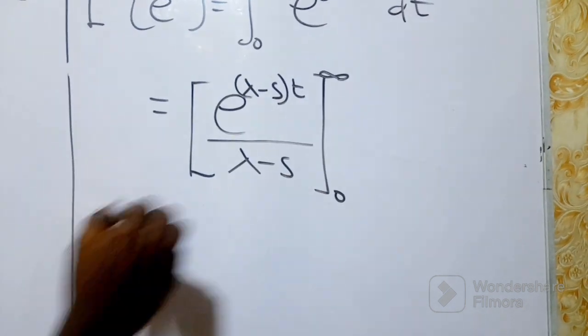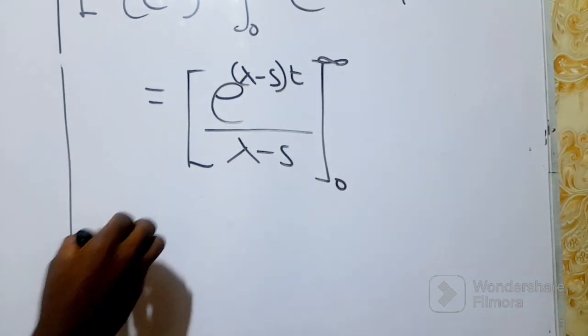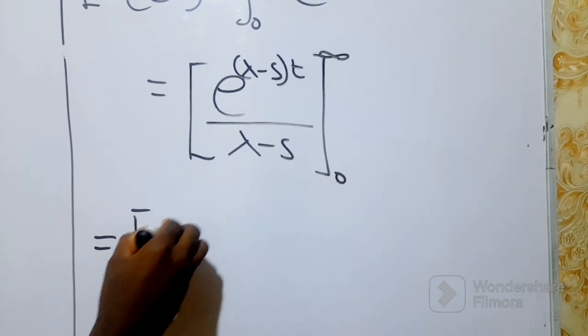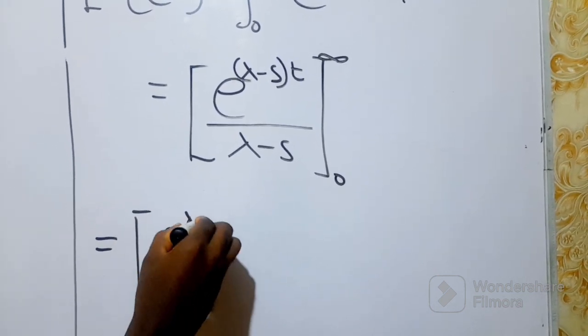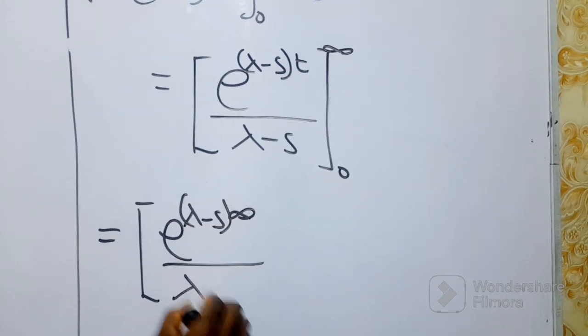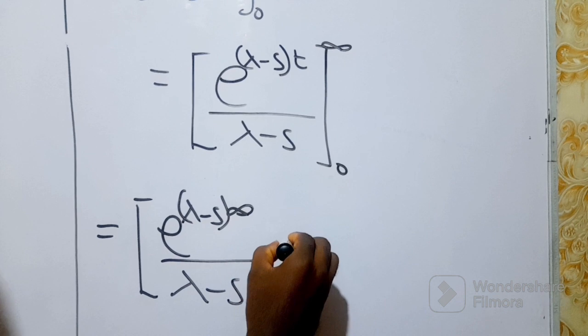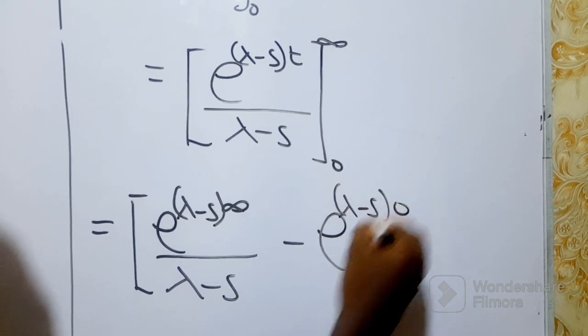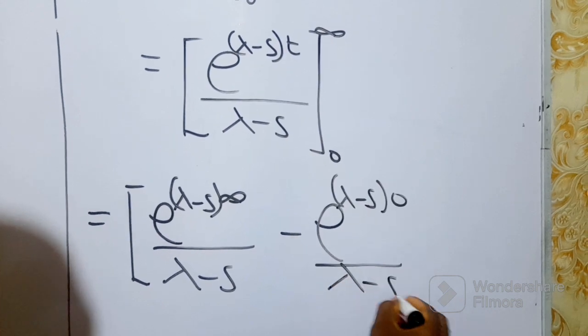So now we substitute the limiting point to find our value. So this will be equal to e exponent lambda minus s all times infinity over lambda minus s, then minus e exponent lambda minus s all times 0 over lambda minus s.